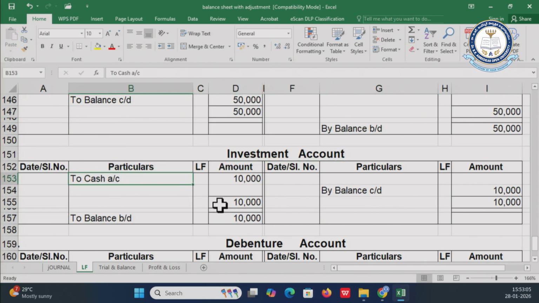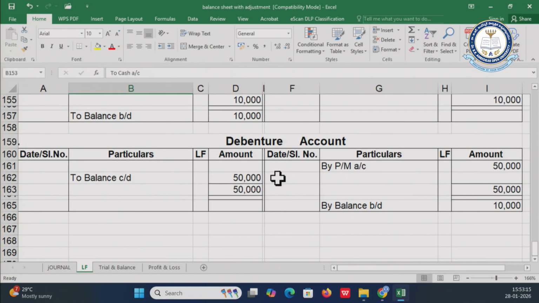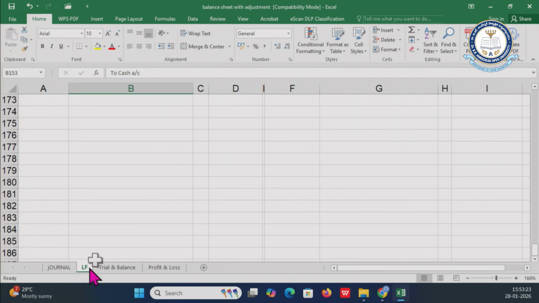With the cash, cash is going out, therefore it is credited. And likewise debenture account, debenture is a liability and it is credited. All liabilities accounts are credited. So this is all about the ledger accounts.